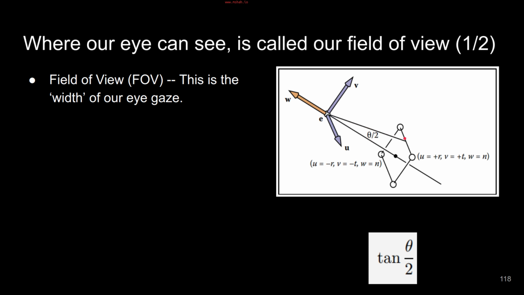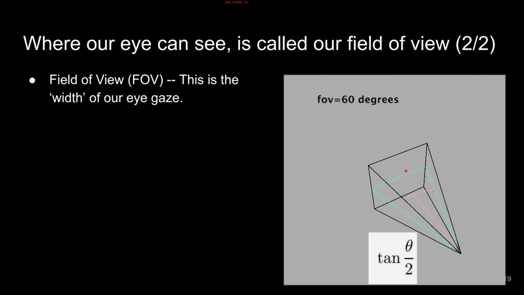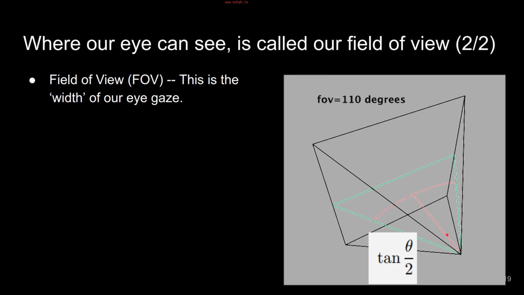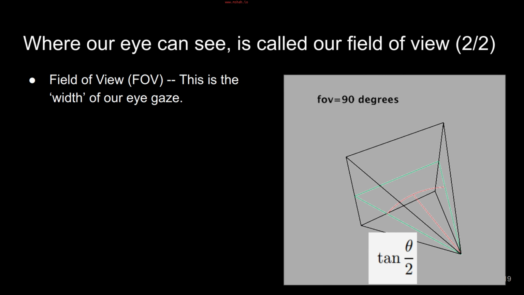That's the angle of our field of view, because what we do, and what you'll see in your lab, is we divide this view into 2, make a right triangle, and then we have 2 right triangles essentially, and then we can compute the distance to these points. A wider field of view gives us more stuff that we can see, but it also might distort what we perceive. Normal fields of view are like 90 degrees. They range person to person, but something in that range would be normal.